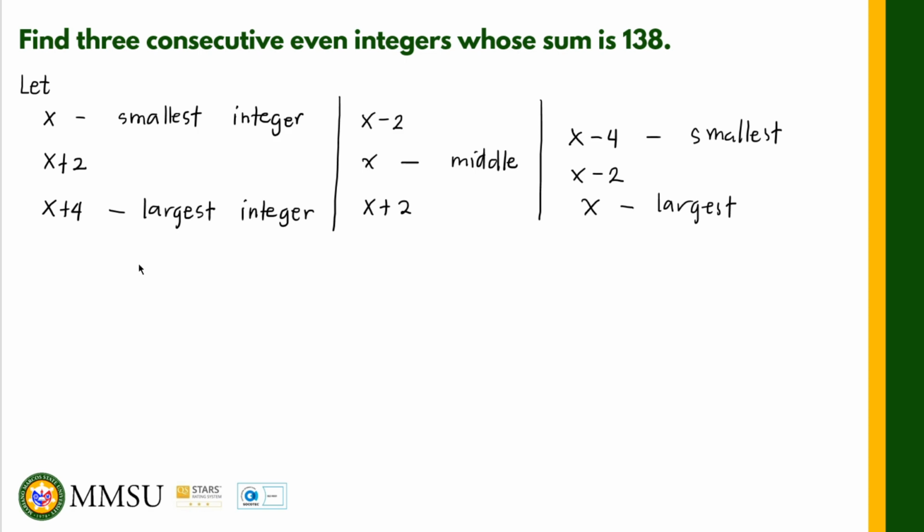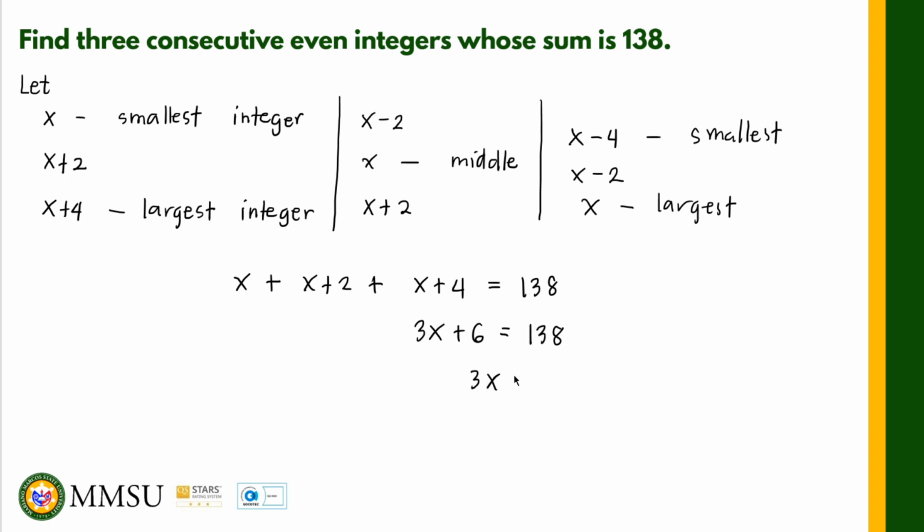If we take the sum of these 3 integers, the sum is 138. So that's x plus x plus 2 plus x plus 4 is equal to 138. We perform operations. This is 3x plus 6 is equal to 138.